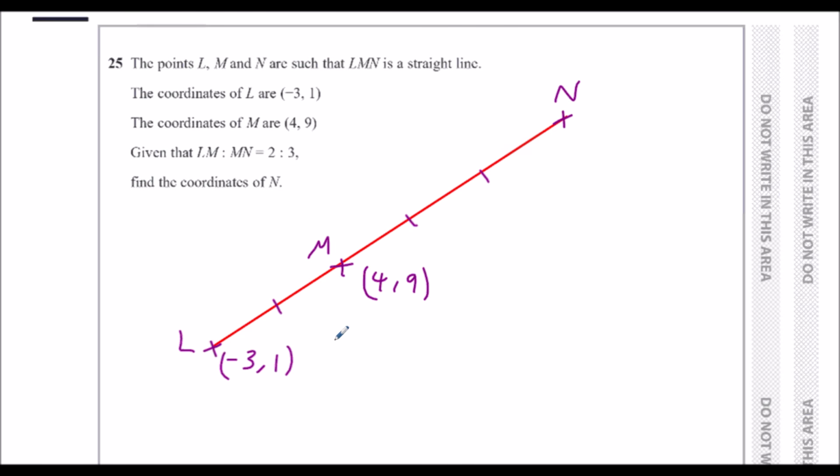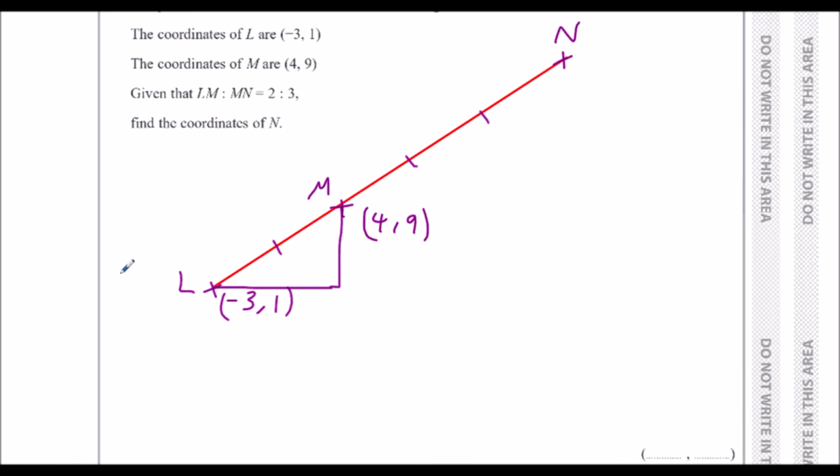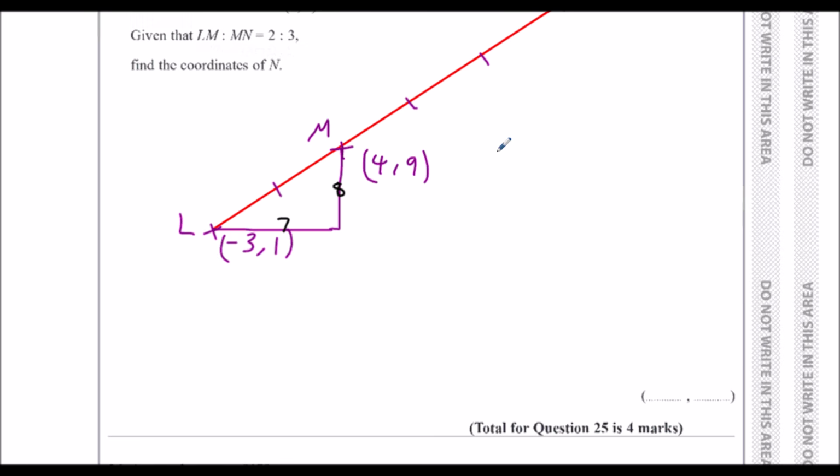So let's work out the distance from L to M, the change in the x and the change in the y. From -3 to 4 is 7, and from 1 to 9 is 8. So we've gone right 7, up 8, and that's 2 parts.